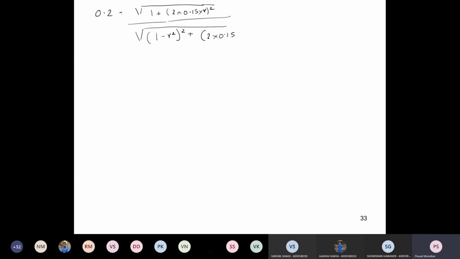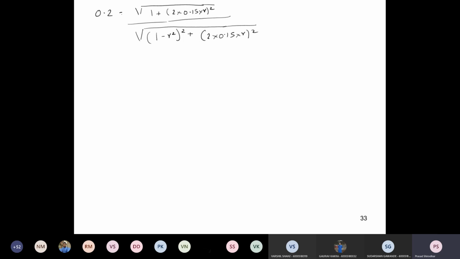So I will just write down the equation. This is 0.2 equal to square root of 1 plus 2 into zeta 0.15 into r whole square divided by square root of 1 minus r square whole square plus 2 into 0.15 into r whole square.